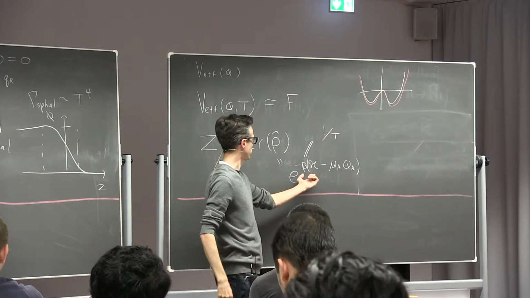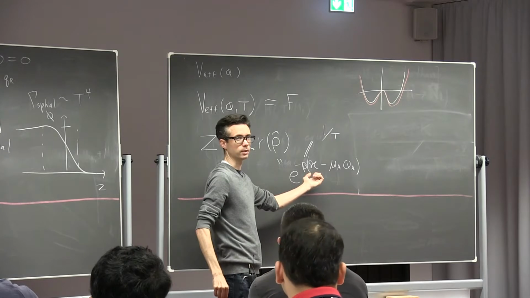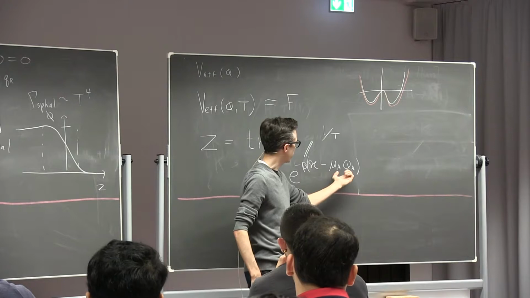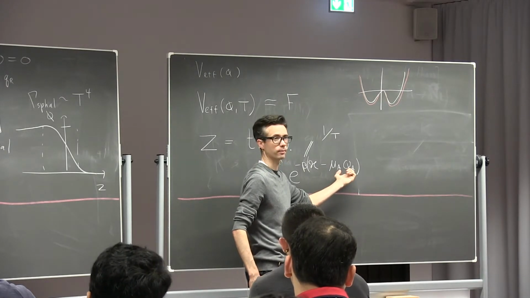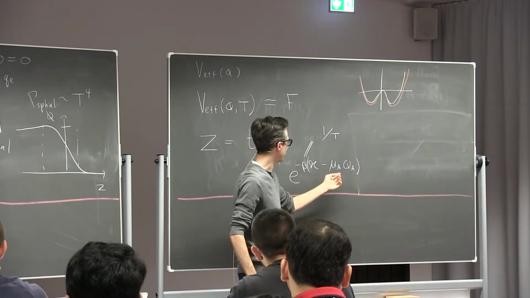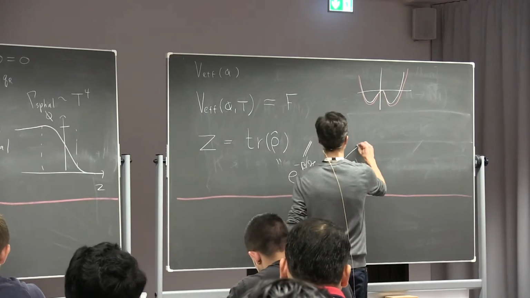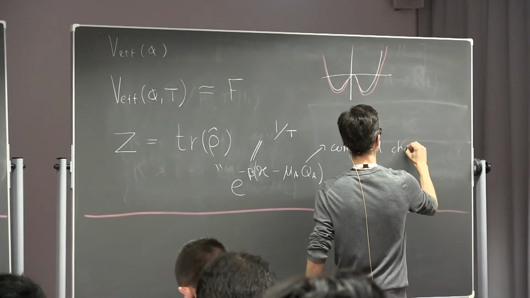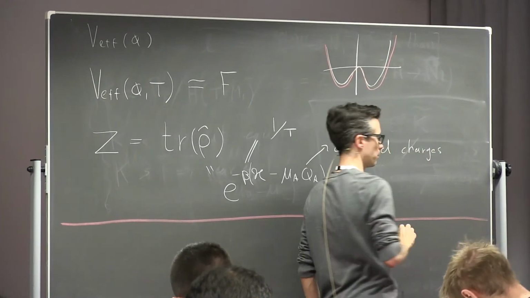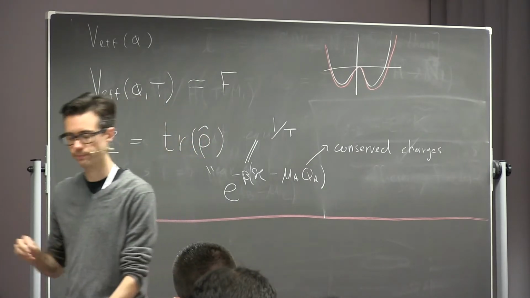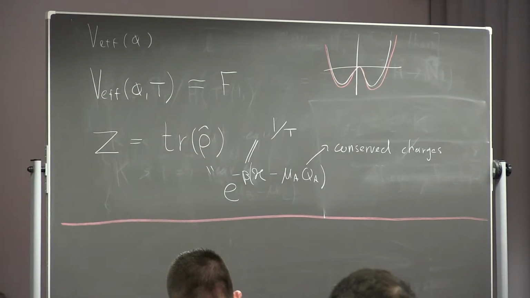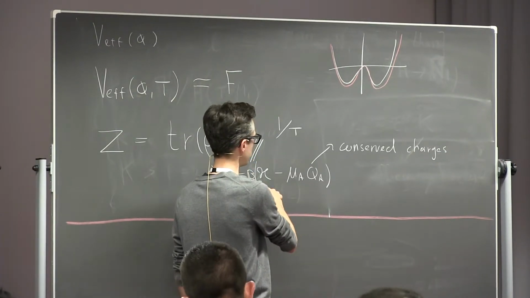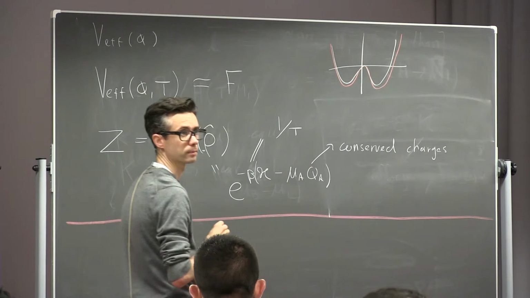So this first piece is your usual Boltzmann factor, e to the minus E over T, but now as a quantum mechanical operator. What I've added to this are chemical potentials, specifically for all the conserved charges in my quantum field theory. For now, I'm going to ignore these and just focus on this piece, but we'll come back to that part later on.